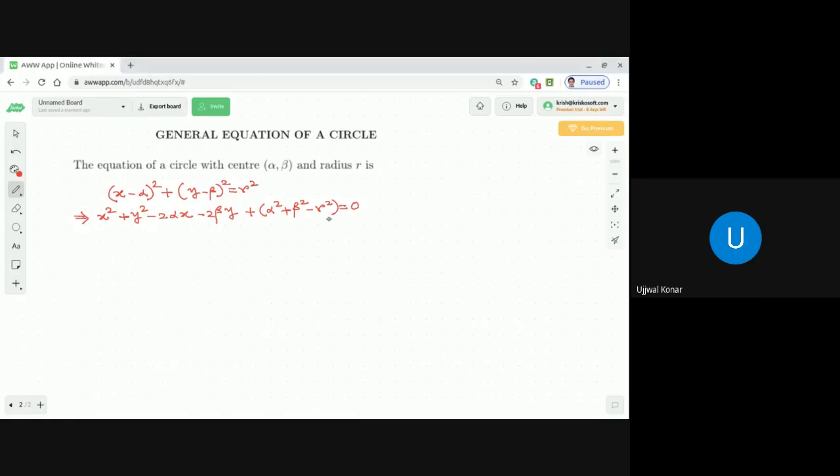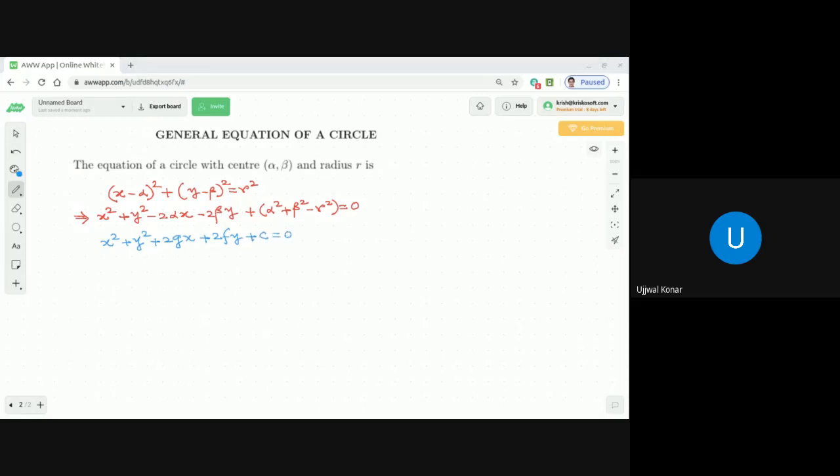Correct? Now, if you look into this equation, that is x square plus y square minus 2 alpha x minus 2 beta y plus alpha square plus beta square minus r square equal to 0. And we can say this equation is in the form of x square plus y square plus 2 g x plus 2 f y plus c equal to 0.